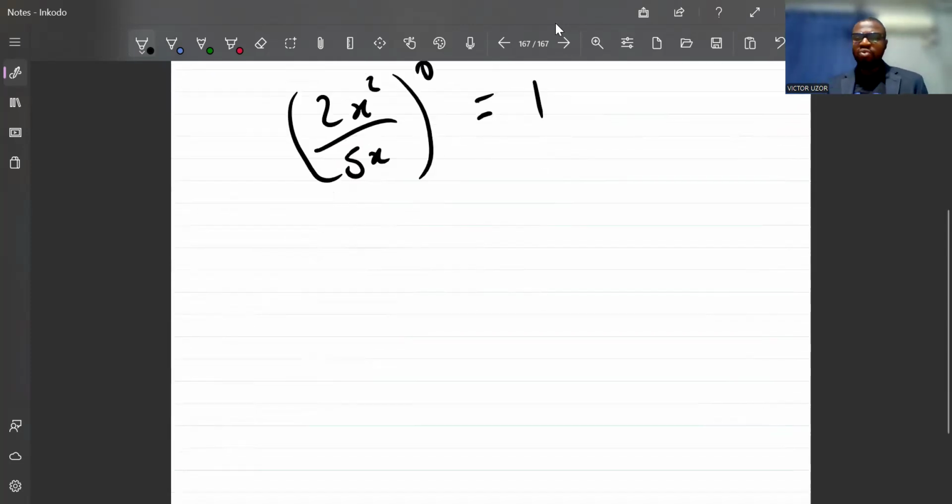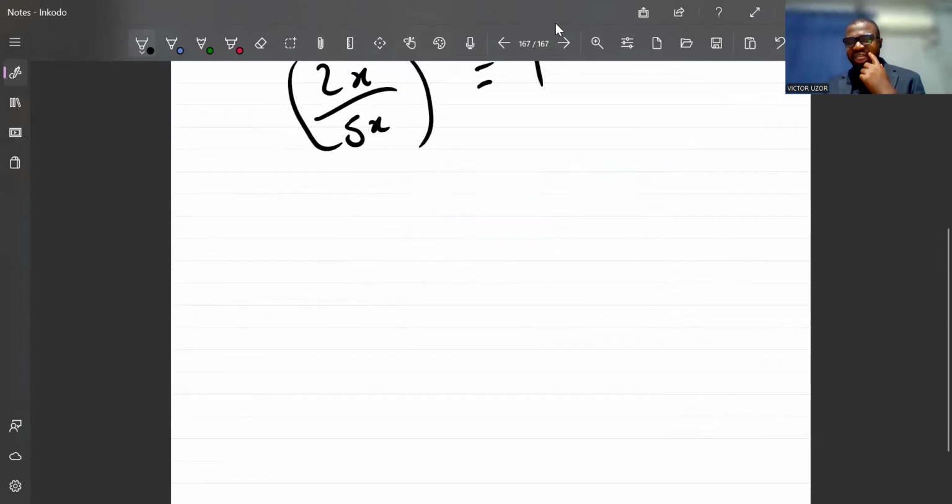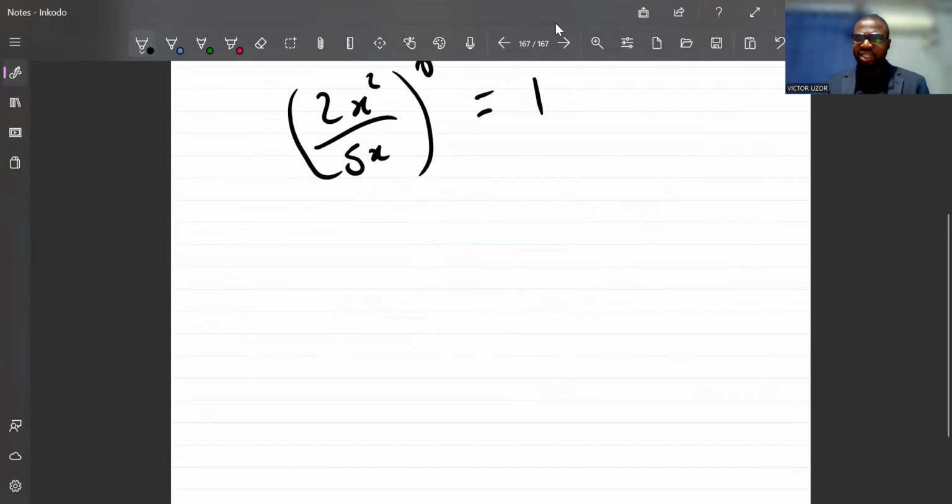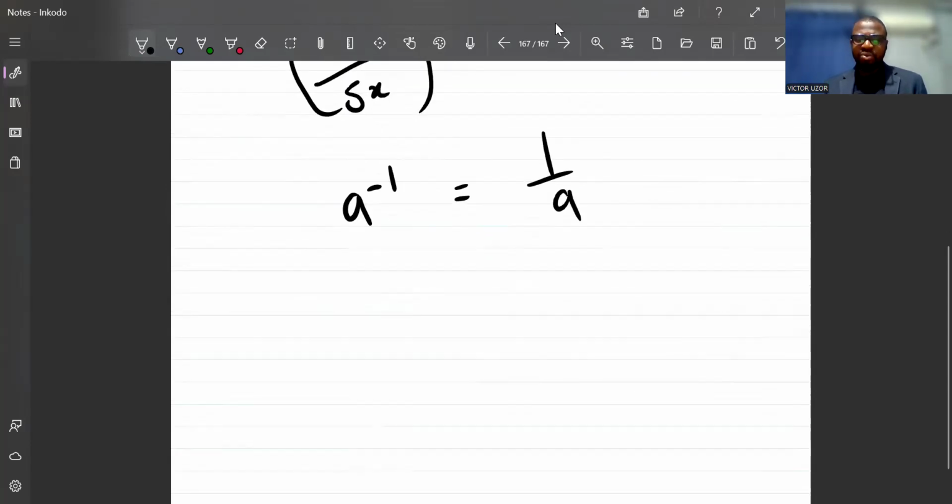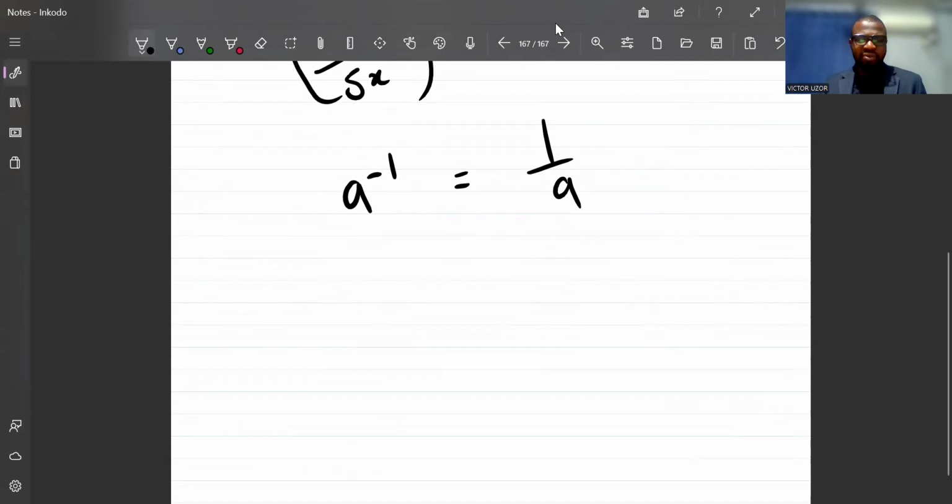Another one we are going to be talking about is the negative index. Negative index means that the power is negative. So we have a raised to power minus 1 is going to be 1 over a. For example, 5 raised to power minus 1 is equal to 1 over 5.